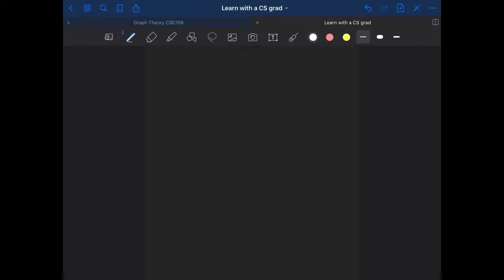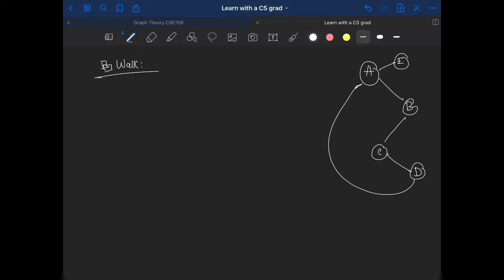So we're almost done with all the basic stuff, and there are a few more topics that we need to talk about. One of them is a walk. Let's just draw a graph. So this is the graph, right? A walk is the vertex sequence that is followed while traversing the graph. I know it's a bit complex to understand. Basically, let's say we start from A, right?